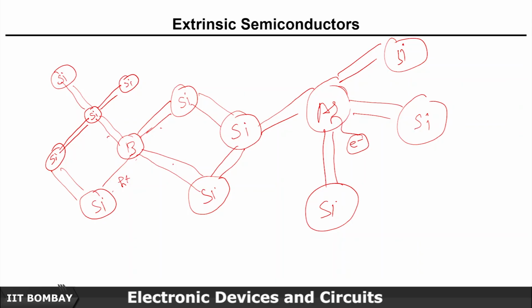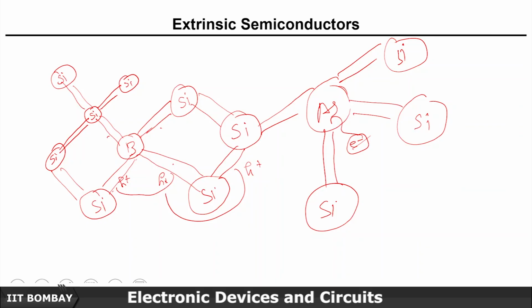Once this electron gets some energy, let's say due to temperature 50 Kelvin, it can move freely and participate in the conduction of the current. Similarly, these electrons can hop from here to here, so there will be a hole here. Similarly, this can hop from here to here, and the electron will move in another way. So you can say electron hopping is taking place, which is constituting the current. This is what happens in the case of extrinsic semiconductors.